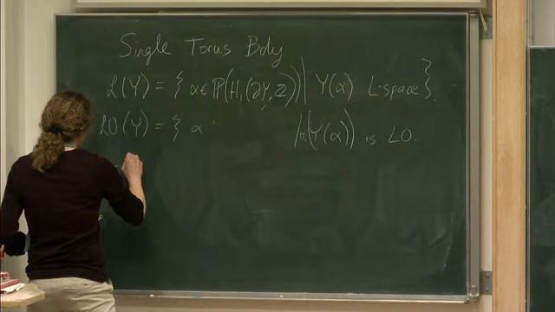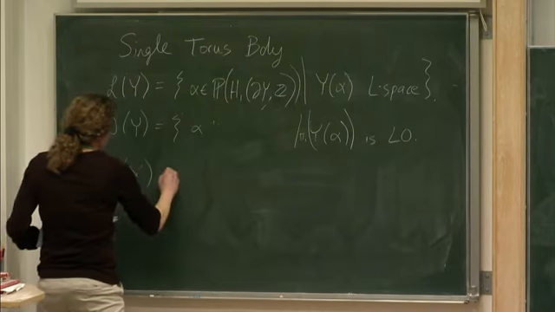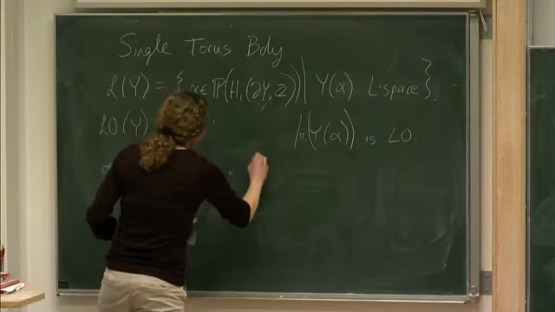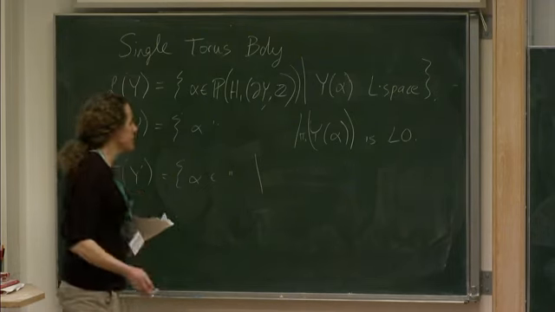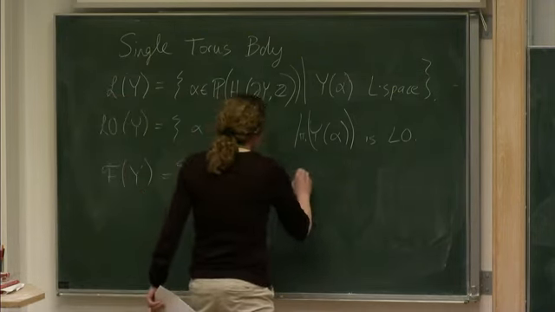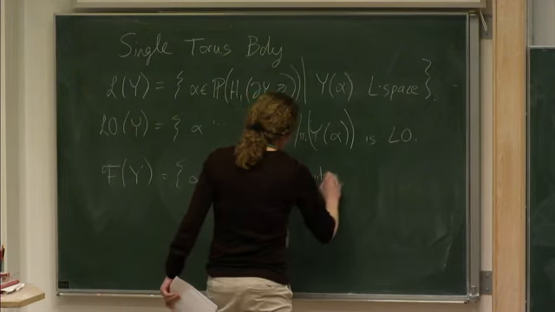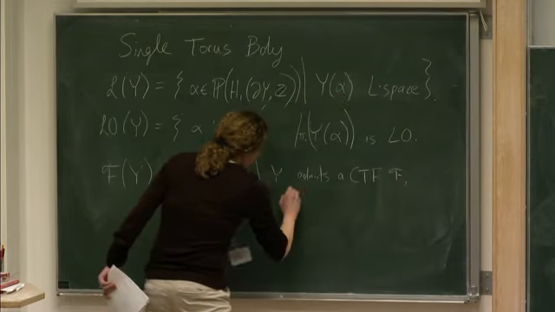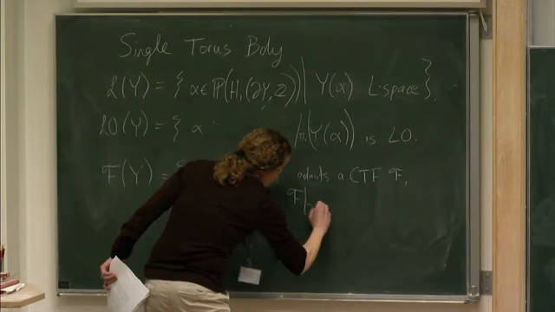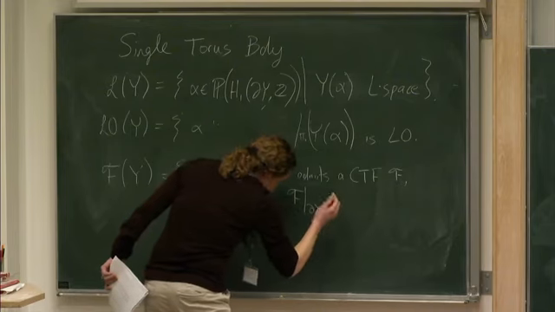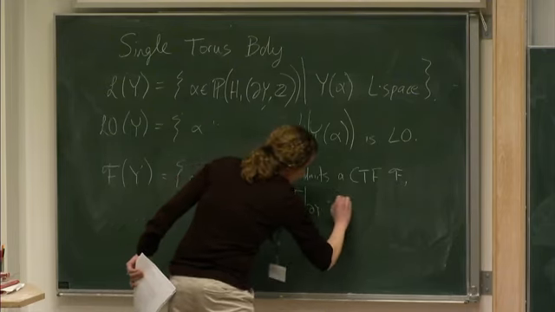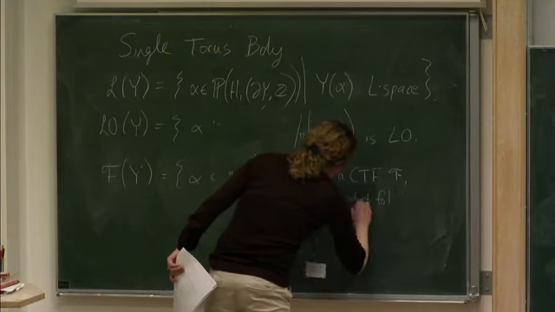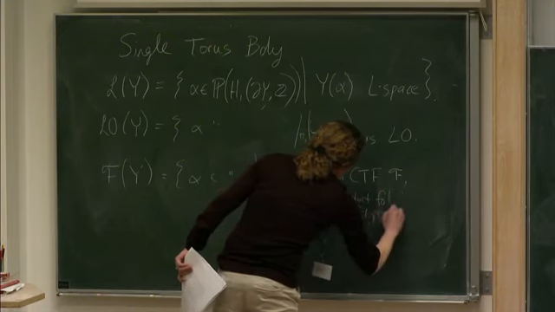And for this, due to a kind of quirky thing about what's proven for taut foliations, here I would say Y admits a cooriented taut foliation F such that F restricts on the boundary to a product foliation of slope alpha.